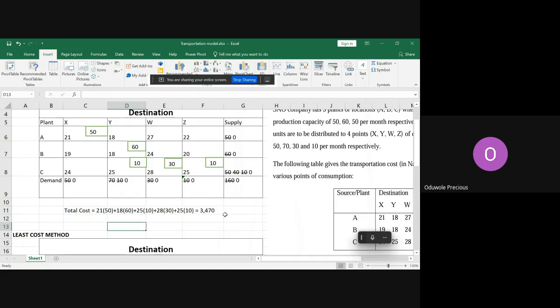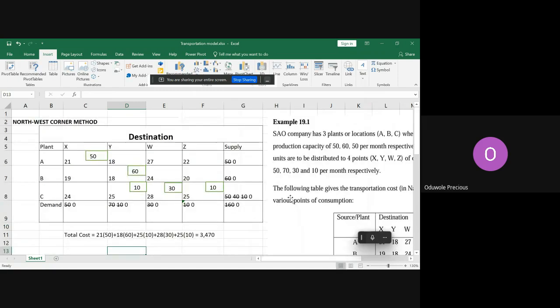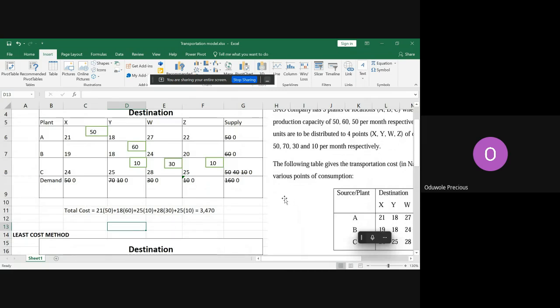Okay. And as you can see, this is a degenerate feasible solution because your demand equals your supply, and when you look at your rows and columns, your row is 4 and your column is 3. 4 plus 3 is 7, minus 1, that's 6.